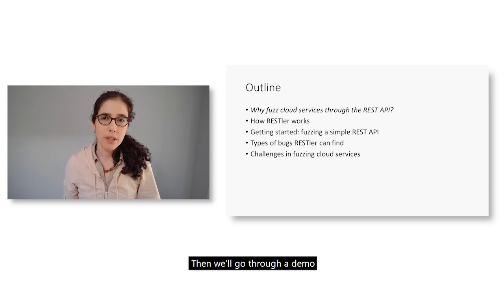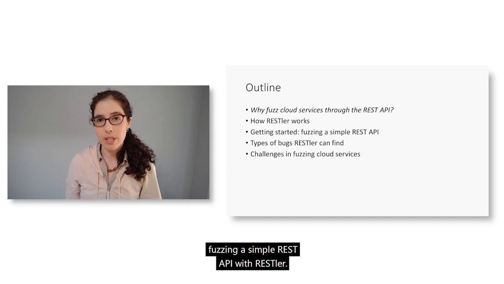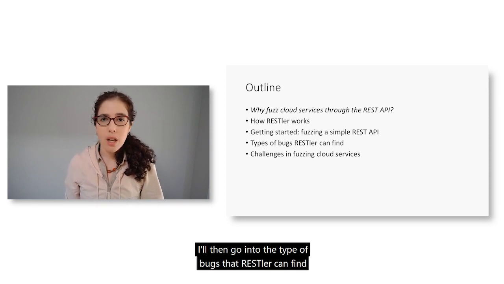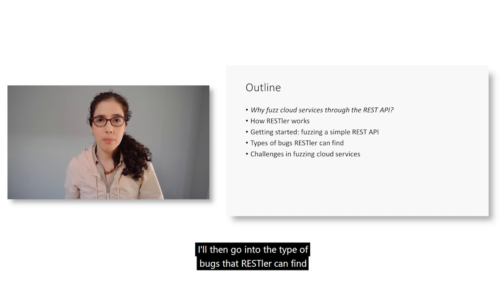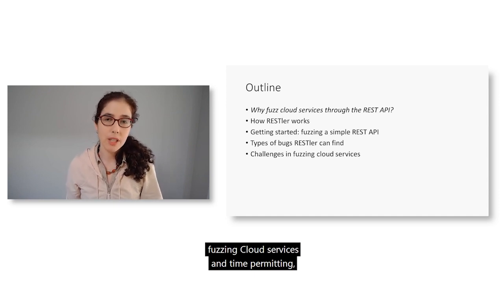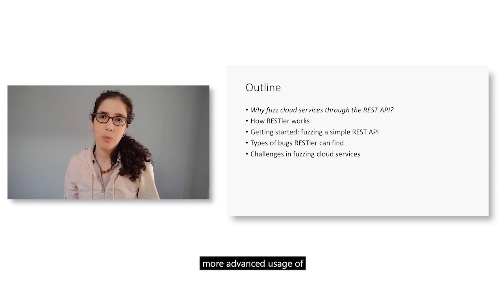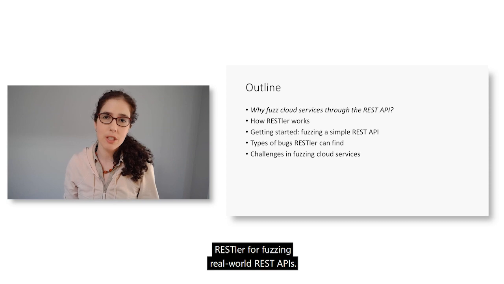Then we'll go through a demo for getting started by fuzzing a simple REST API with RESTler. I'll then go into the type of bugs that RESTler can find and some challenges in fuzzing cloud services. And time permitting, we'll do another demo of how to do more advanced usage of RESTler for fuzzing real-world REST APIs.